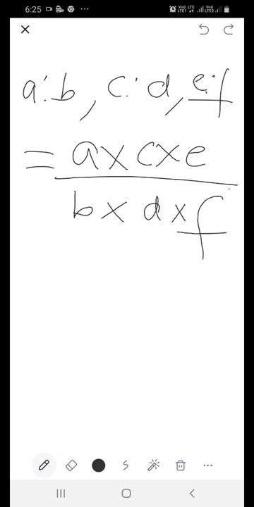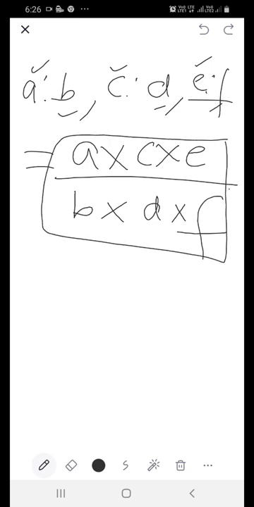The first terms of all the ratios are A, C, E, and B, D, F are the second terms. You can then reduce it to the lowest terms and write it as a ratio. This is the compounded ratio of all the ratios given to you.